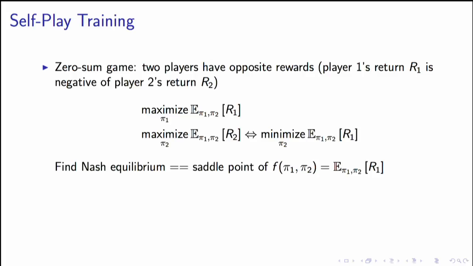So this is a minimax problem, and we're trying to find a saddle point, which is a point where both players are at a local optimum. In this case, it's also called a Nash equilibrium. It turns out that often you can find a saddle point by just doing gradient descent on each of your variables. You just do gradient updates on each of your variables, and this will lead you to the saddle point.